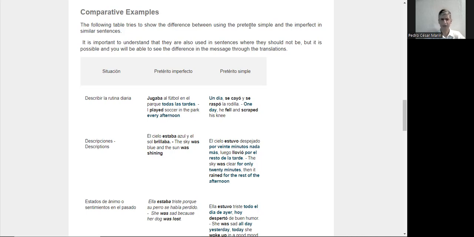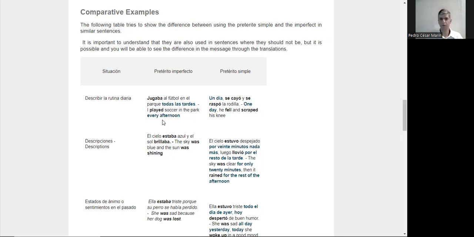Let's start with this one. On the side, we have first the function that is doing here, just to remember, but I think that we can understand just by taking a look at the sentences. First one, when you want to say that you used to do something a lot of times in the past. I played soccer in the park every afternoon. Imperfect.